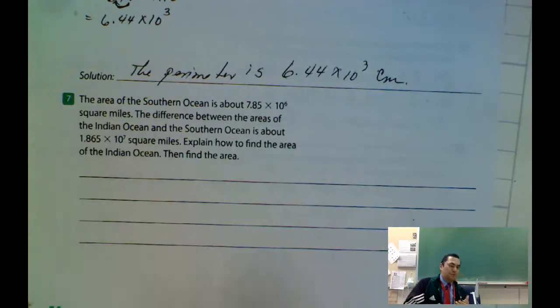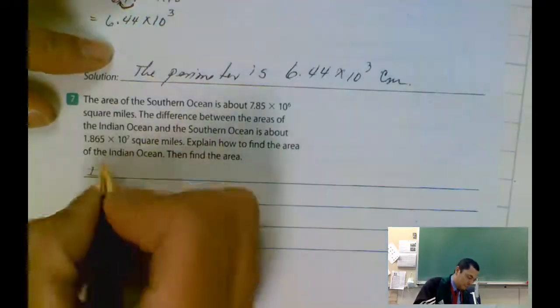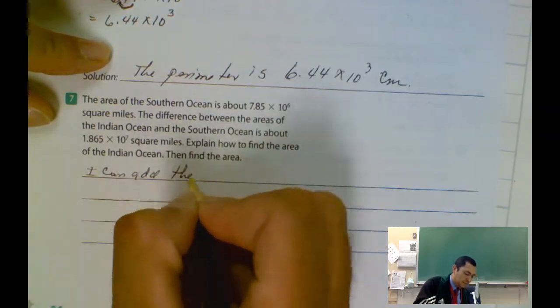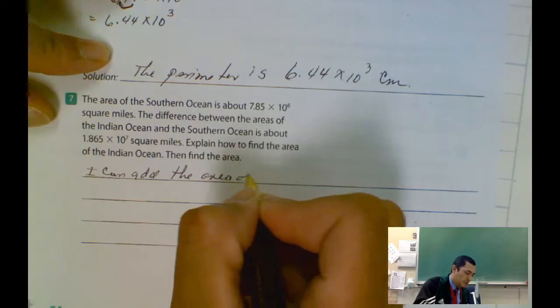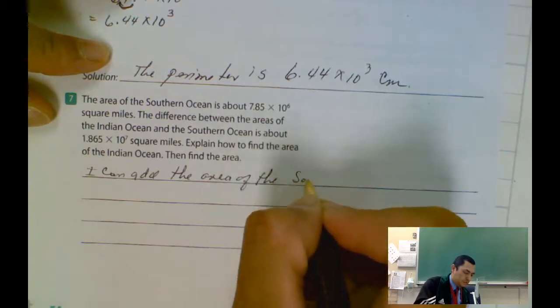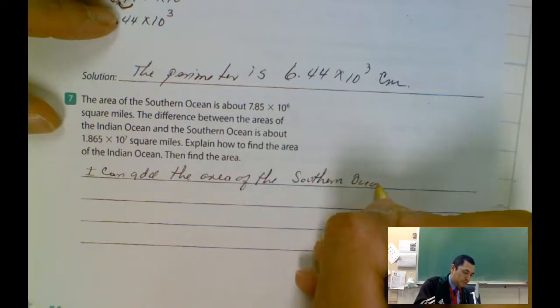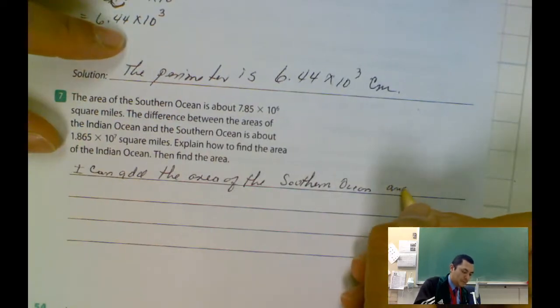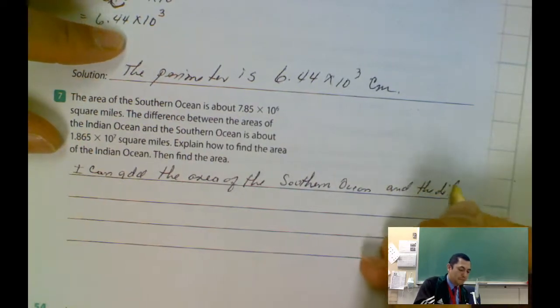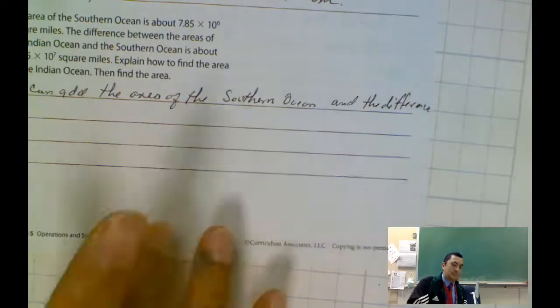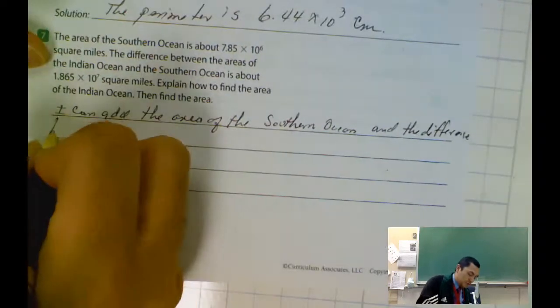So in this case, I'm going to say that I can add the area of the Southern Ocean and the difference between two areas.